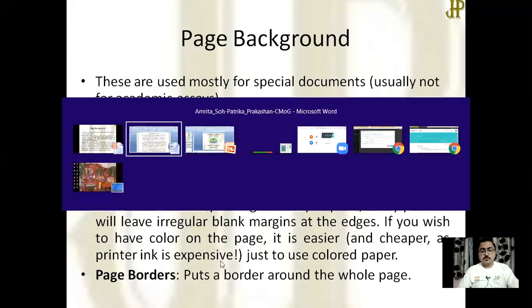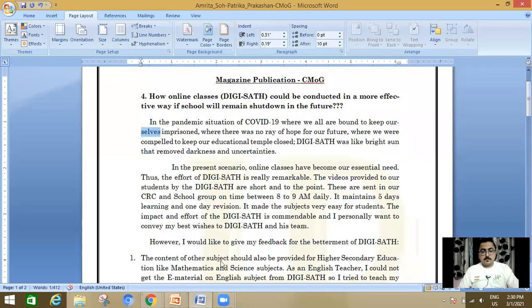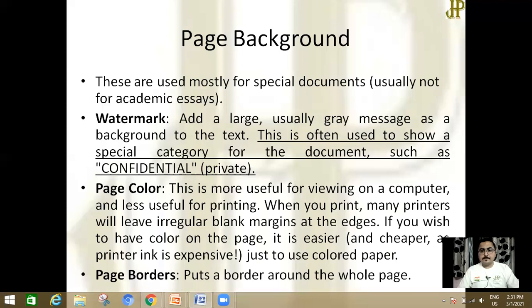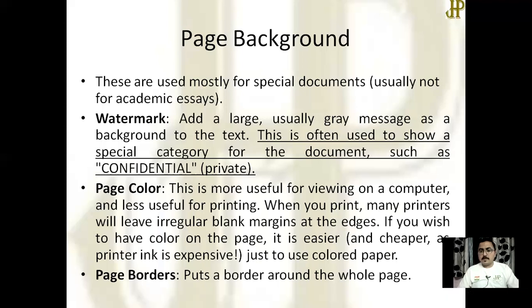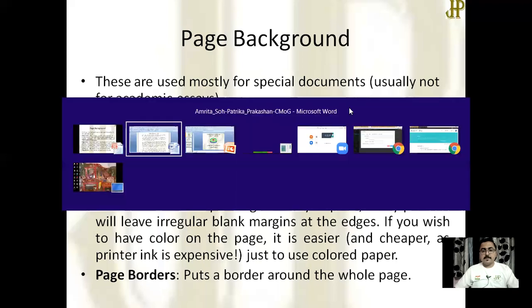Here you can also see in my PowerPoint presentation, I have taken a background image. You can see that this is my logo, JP. It is a very transparent gray shaded message. Like this, you can also do it with MS Word.